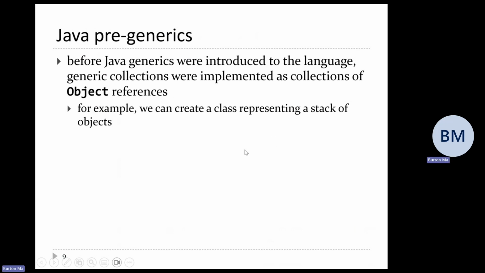Okay, generics are weird in Java because they weren't introduced until version 5 or 6 of the language. People were using Java for many years before the language designers got around to addressing this issue. You might think this is weird because it would be very useful to make a stack that can hold a specific type of element without having to write a new class every time.